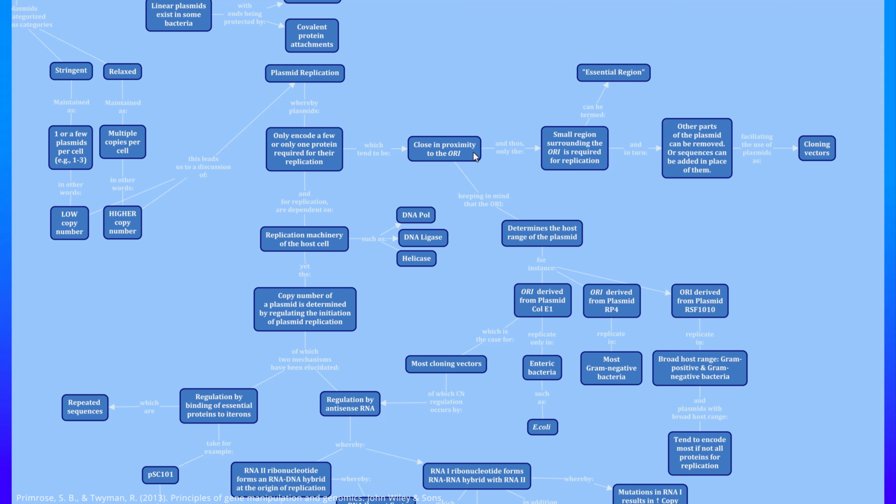Now keep in mind that when we discuss the origin of replication, this determines the host range of the plasmid. So the origin of replication determines the host range of the plasmid. For instance, an origin of replication derived from plasmid ColE1 replicates only in enteric bacteria such as E. coli, and an origin of replication derived from plasmid RP4 replicates only in gram-negative bacteria, or most gram-negative bacteria.